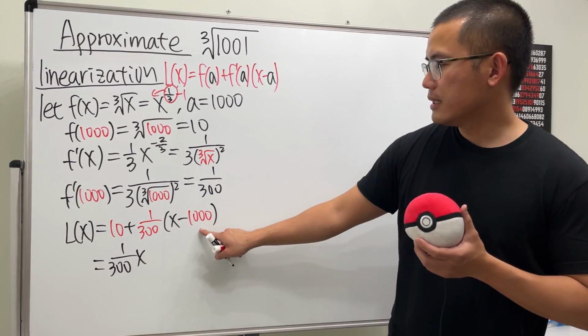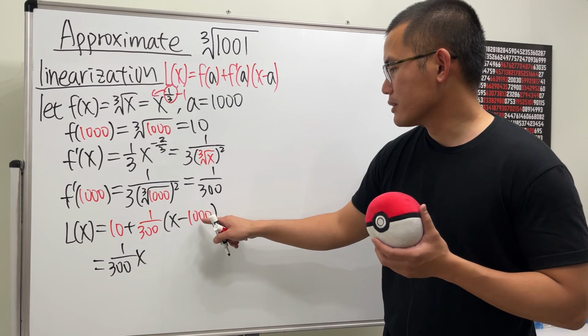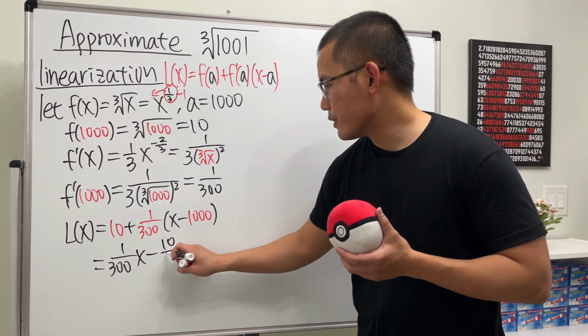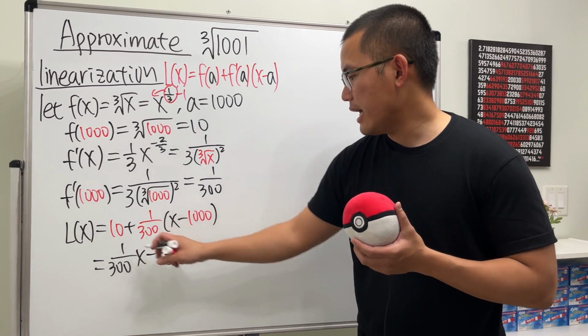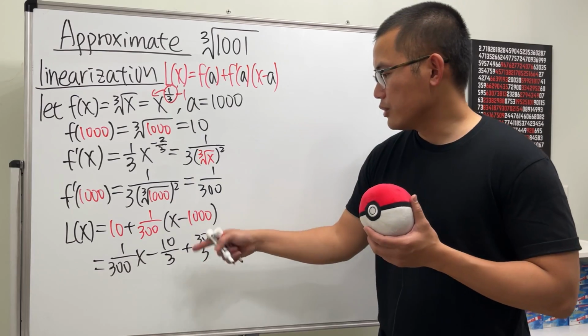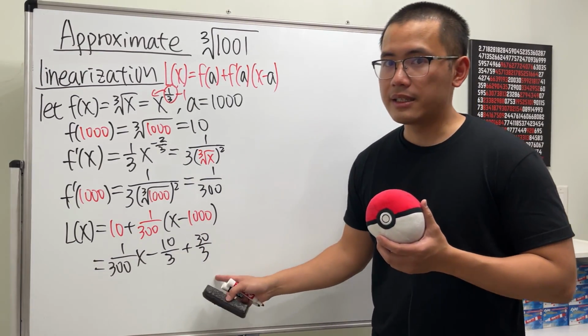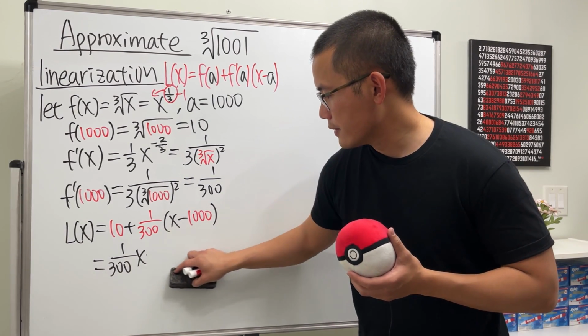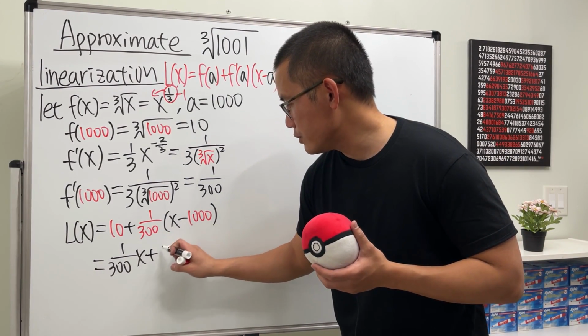This times that, we can cancel out some zeros, so it will be minus 10/3 and then plus 10, which is the same as plus 30/3, right? Then combine the fractions, so this and that together give us plus 20/3.